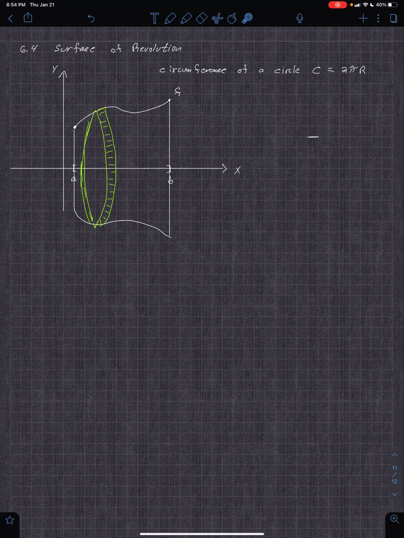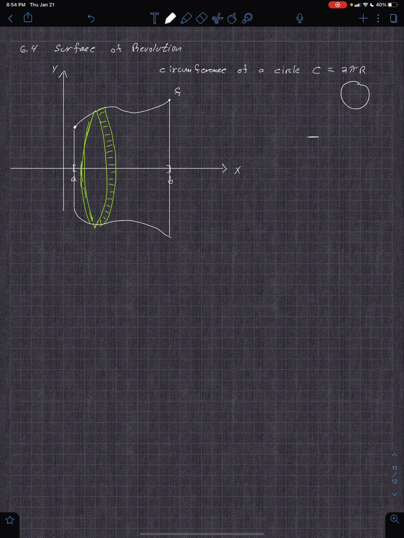Oh, I almost forgot. Circumference of a circle is 2 pi r. We know that, right? The radius times 2 pi gives you the circumference of a circle.